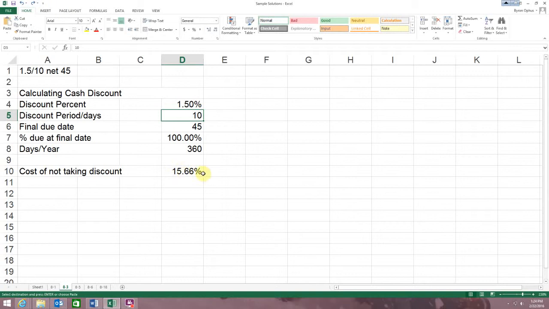So should I pay 17% and borrow money from the bank in order to take the discount? No, because I only save 15.66%.